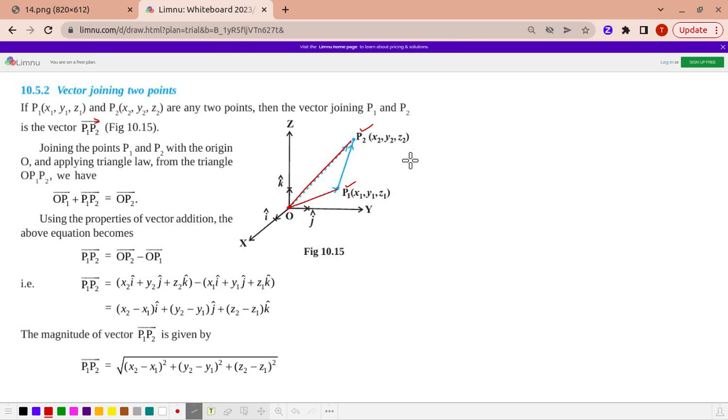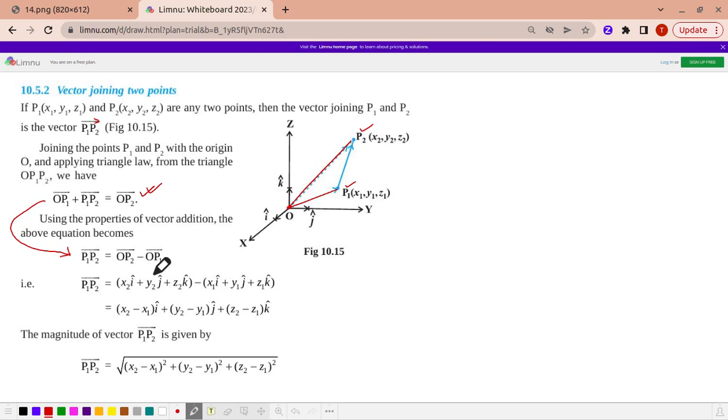OP1 plus P1P2 is nothing but OP2, and that we get from the triangle law. In simple terms, using the properties of vector addition, P1P2 is nothing but OP2 minus OP1.